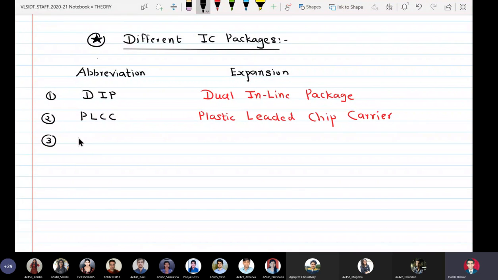PLCC stands for plastic leaded chip carrier. Then we have PGA, it stands for pin grid array.